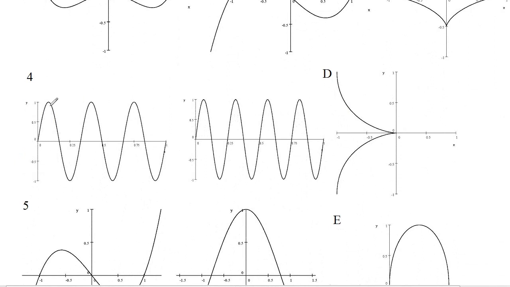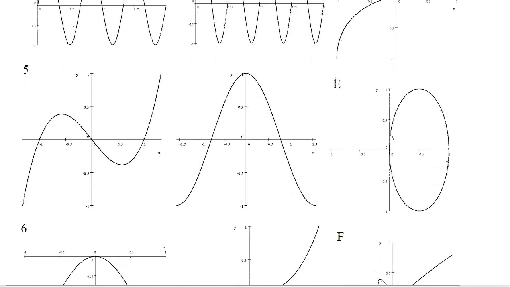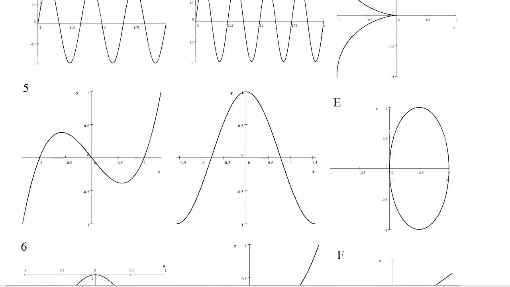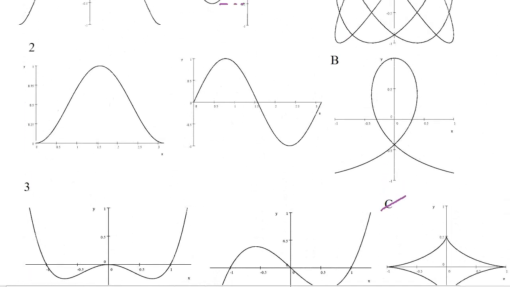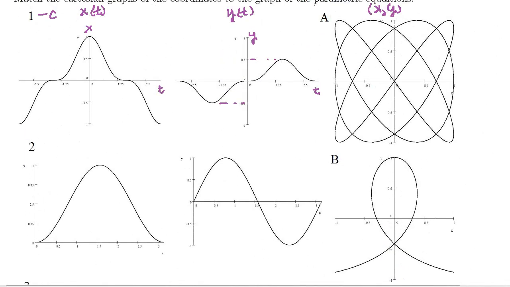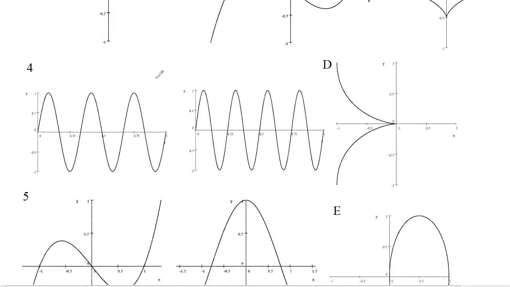Here we've got lots of oscillations between 1 and -1 in the x, and lots of oscillations between 1 and -1 in the y. And I think, if you look at A, B, C, D, E, F, that's the only graph that has lots of oscillations. So I think that 4 goes with A. So that's matched up.